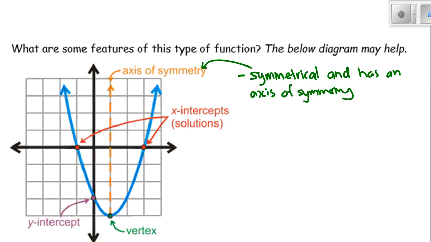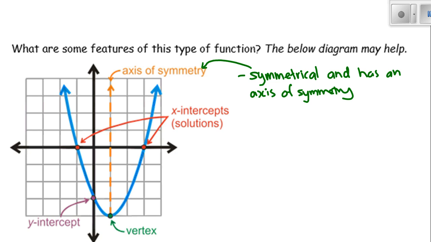It's not an asymptote. This is just an axis of symmetry. It's just an invisible line. It's not part of the function. It's just pointing out that on either side of this axis of symmetry, the function, which is the blue one, is symmetrical about the axis of symmetry. The graph happens to have an axis of symmetry.